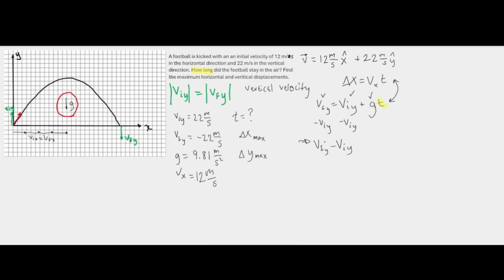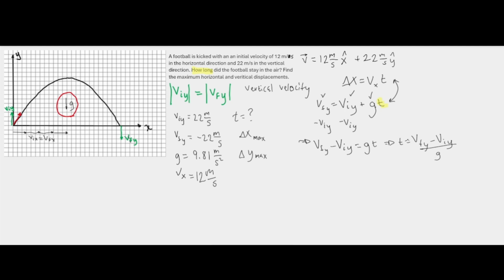This is the change in velocity, the final minus the initial. And this is equal to gt. And now I just divide by g. So this becomes t equals v final y minus v initial y over g.